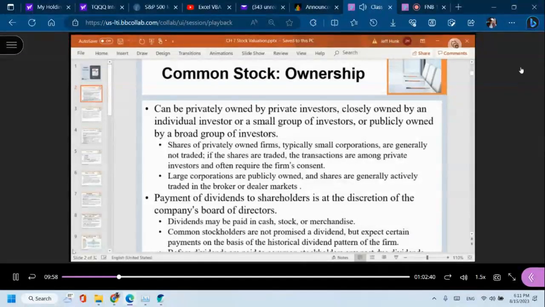It's not like companies can offer stocks every once in a while. Once the stocks are issued, it may take many years before they offer the second round of sale of stocks. So primary markets don't exist that often.